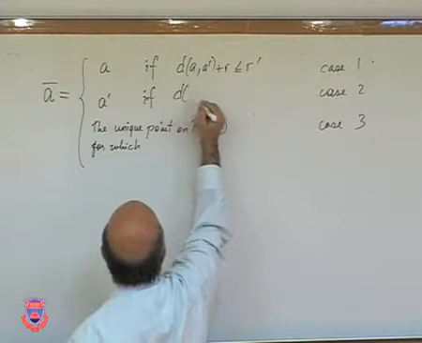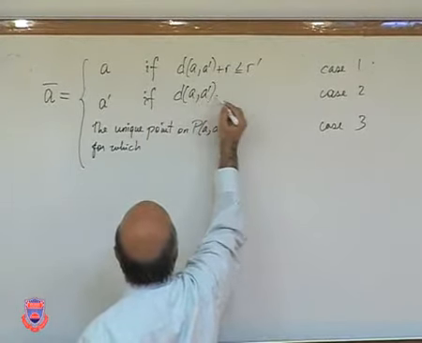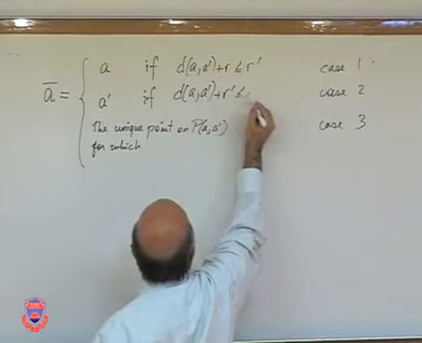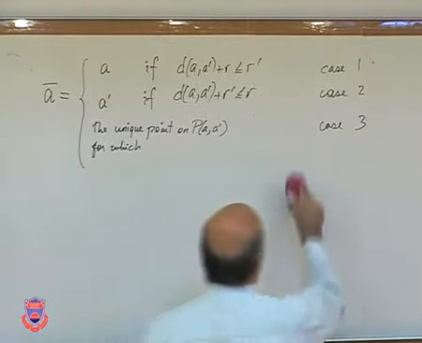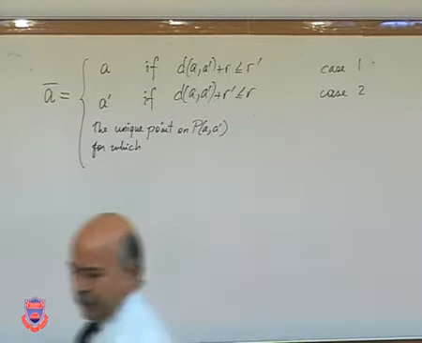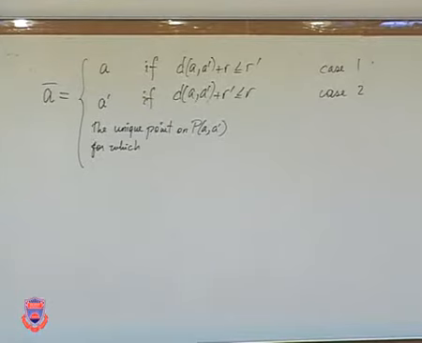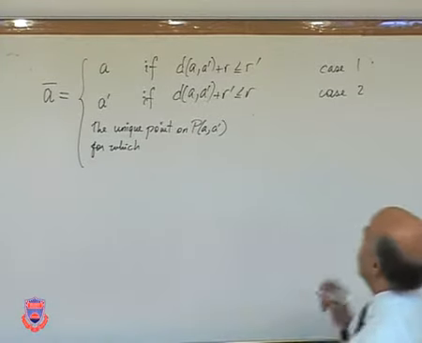If the distance between A and A prime plus R prime is less or equal R in the second case. In the last case, neither of those relationships hold, so that's the otherwise case.